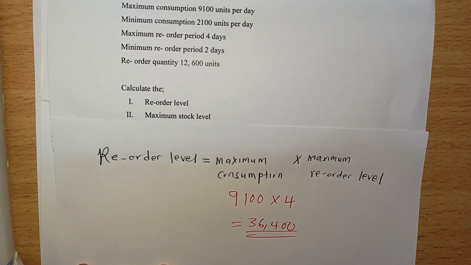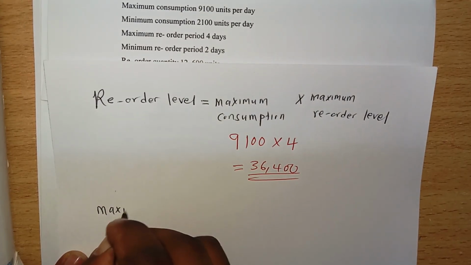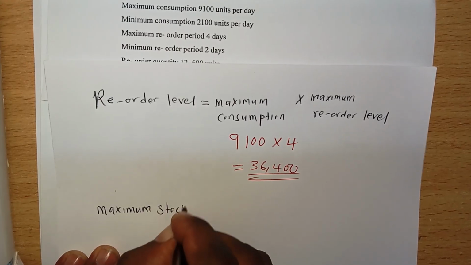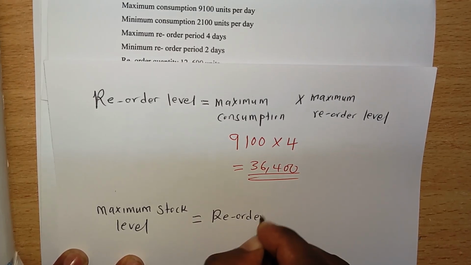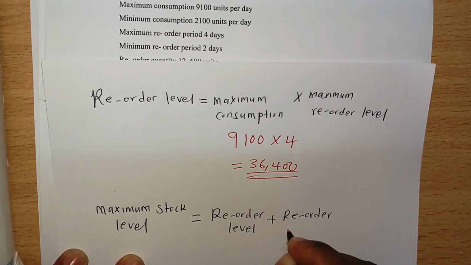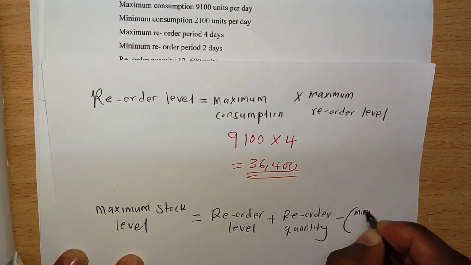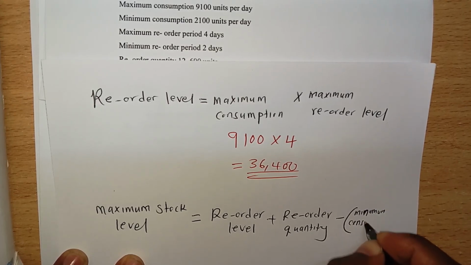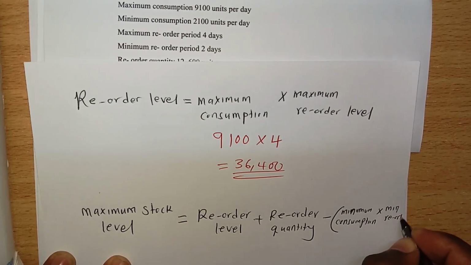For maximum stock level, it is given as the reorder level, you add the reorder quantity, then you less, open the bracket, minimum consumption times minimum reorder period.